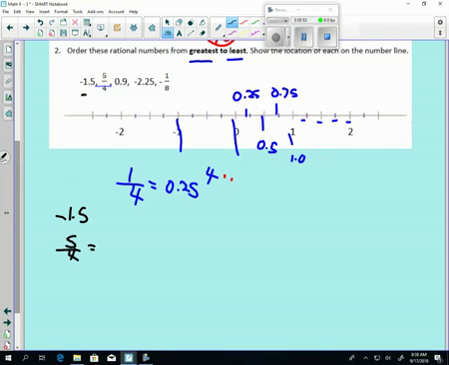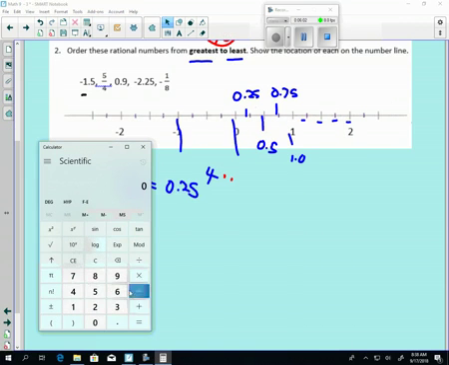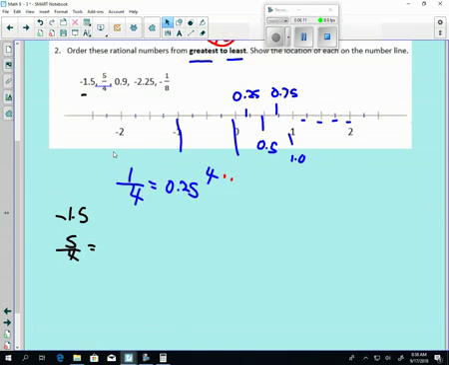We can put that in our calculator. Five divided by 4 is 1.25. So that's 1.25, then 0.9, then minus 2.25, and minus 1/8.